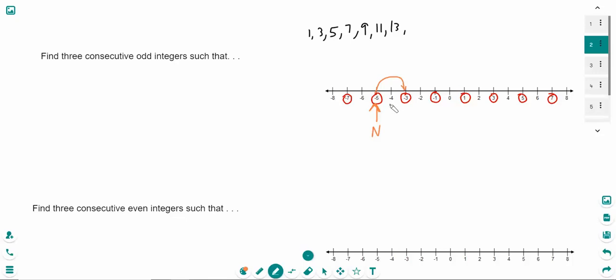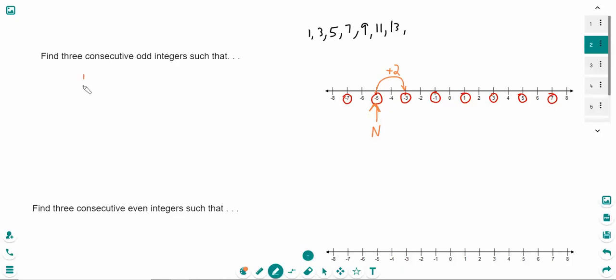We kind of skip the -4 and go to the -3 because that's the next odd integer. All right, so how can I get to that next odd integer if I start with this first one, the n? Well, I would have to add 2 to the n, right? I'd have to take the n, which is the -5, plus a 2 to get me to the -3 because I have to go over two numbers, right?